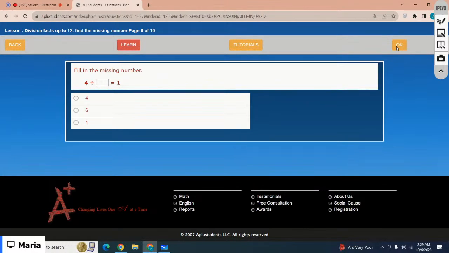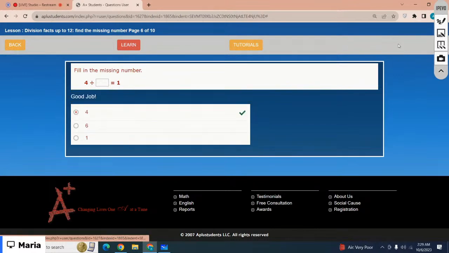The correct option is, very good, 4 divided by 4 equals 1. So the correct option is 4.